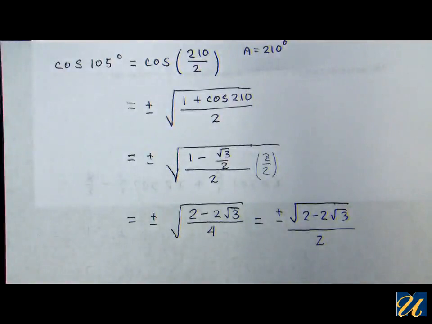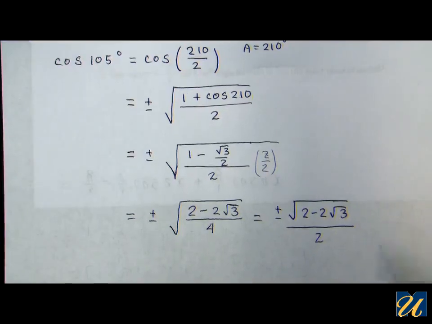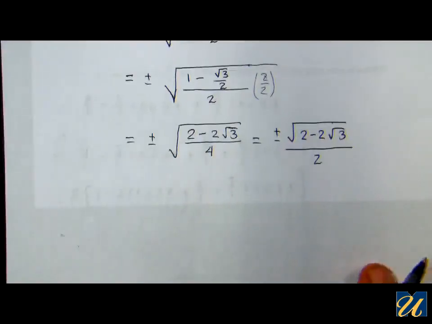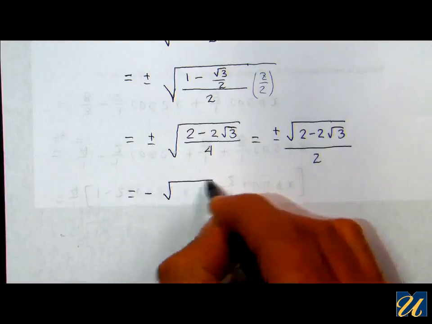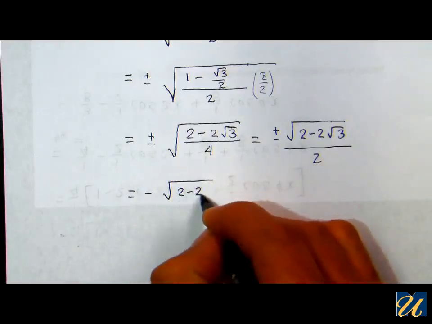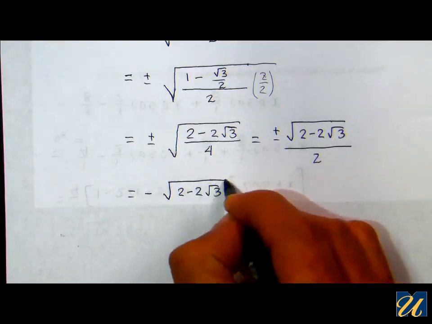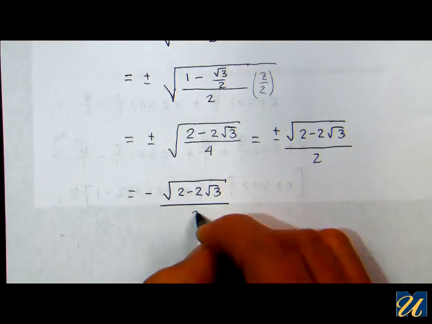It's in the second quadrant. So we choose cosine function, that's negative in the second quadrant. So our final answer will include the minus sign on there out in front. Minus the square root of 2 minus 2 square root 3, all divided by 2.